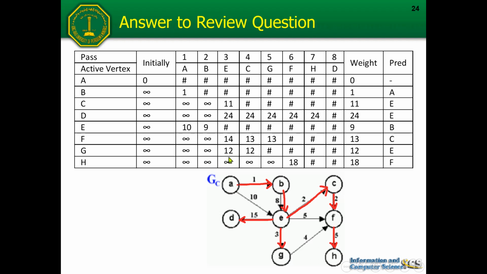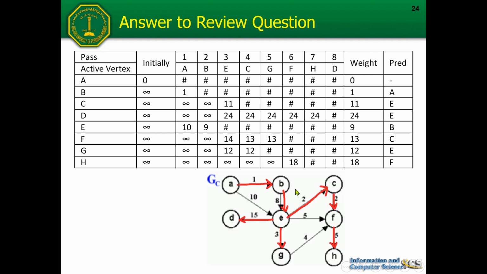That's still infinity. Then again, we look at this column and pick the minimum number, that will be 11. 11 corresponds to C, that's why C will become the next active vertex. Because C is now the active vertex, we do not consider this cell anymore, until the last possible value.